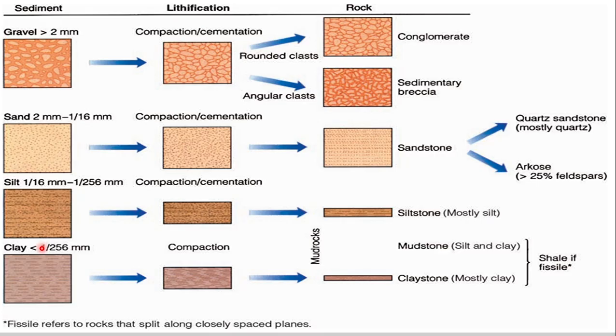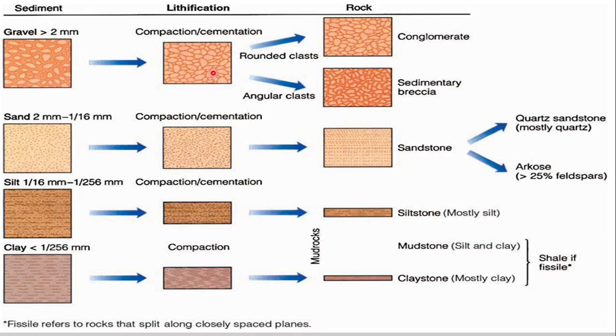Okay, we discuss one by one. Number one, when the particle size is greater than 2 mm, the particle is known as gravel. After the deposition of the gravel size particles, compaction and cementation occur.